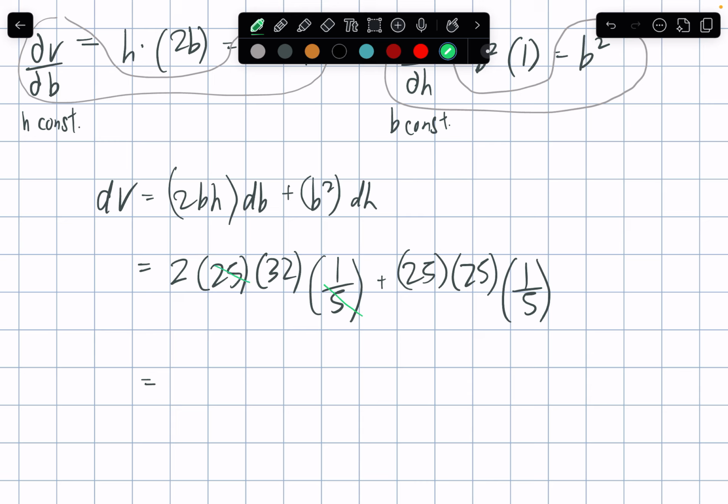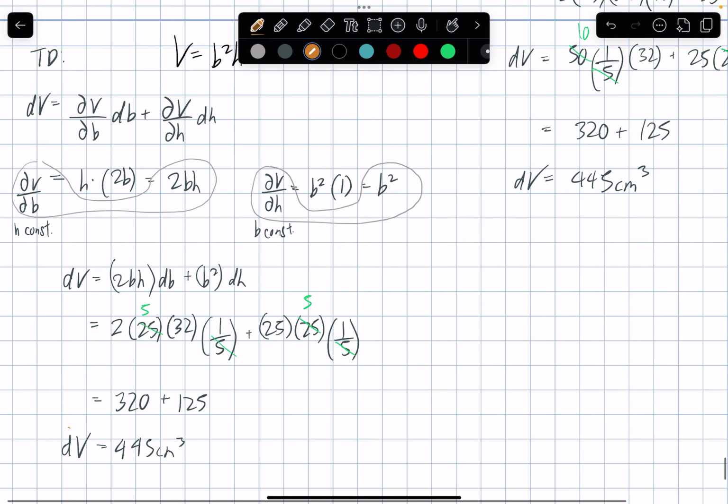So we can simplify. 5, 320. So right now it looks familiar, right? 25 times 5 is 125. So we get essentially the same thing, 445 cm cubed for the approximated box volume.